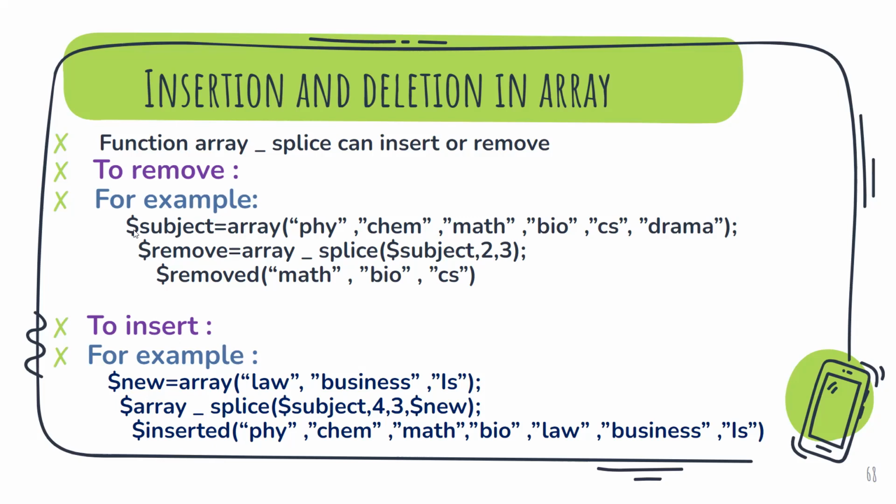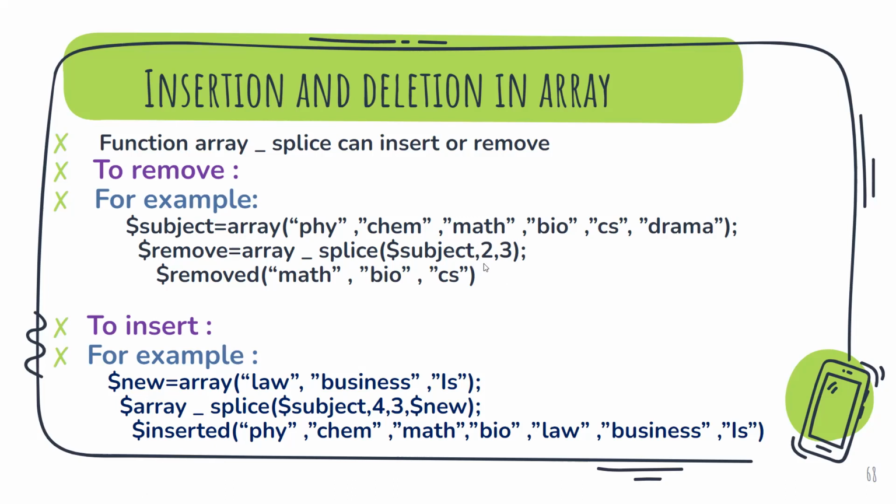So let's just look into removing an element in an array. So here there is a subject variable, and to that subject variable, I'm assigning an array containing these elements. Now I'm calling array splice and giving its first parameter as subject. Now I'm saying 2.